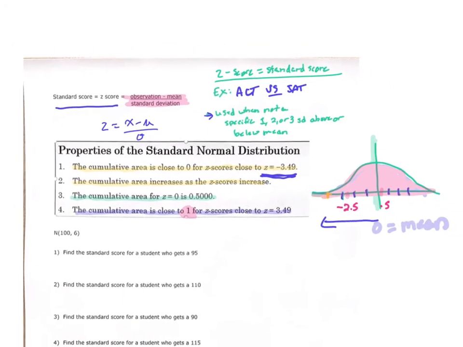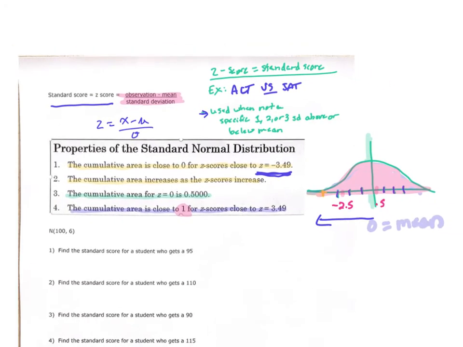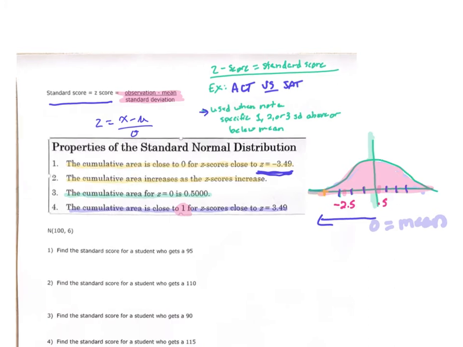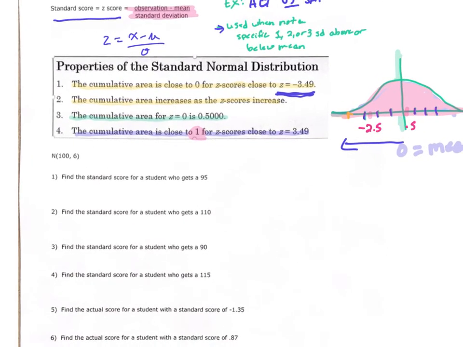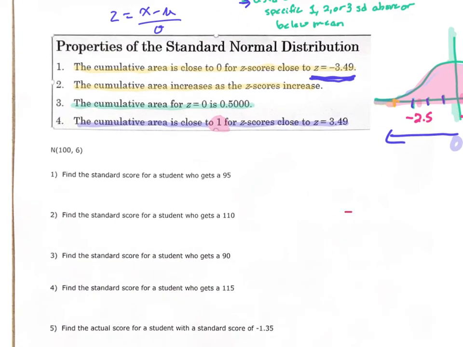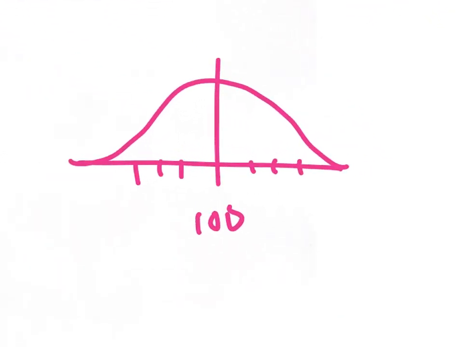Okay, so let's actually look at an example of how we're going to do this computation. Notice on this particular example, we are told that we have a normal curve and our mean is 100 and we have a standard deviation of 6. Let's make this a little bit bigger so I've got some more space.